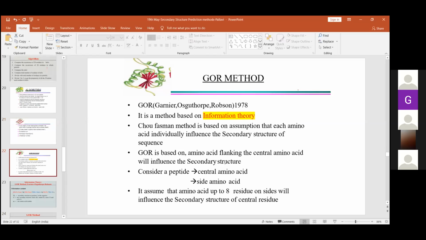You need to know that the GOR method is based on information theory and it takes into account that each amino acid individually influences the secondary structure of the next amino acids.